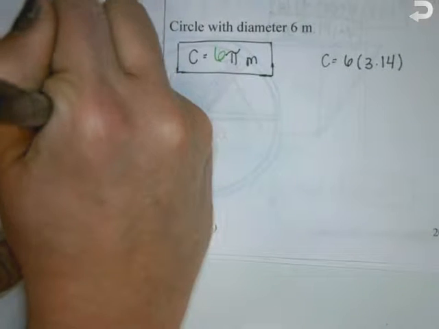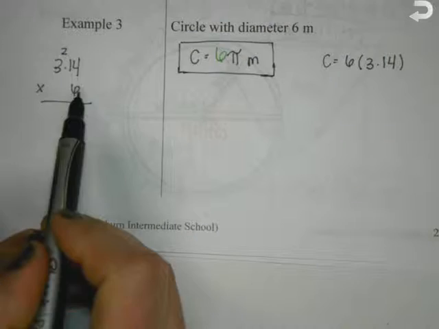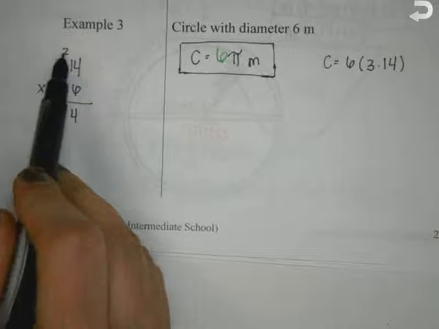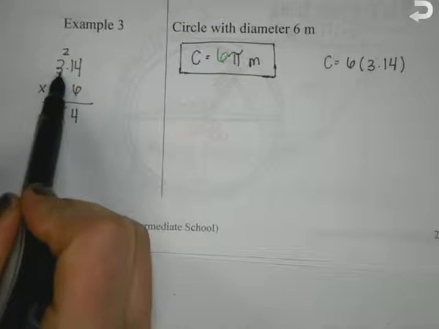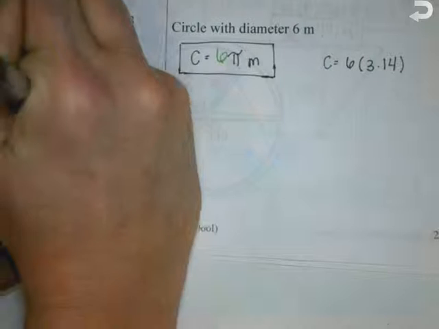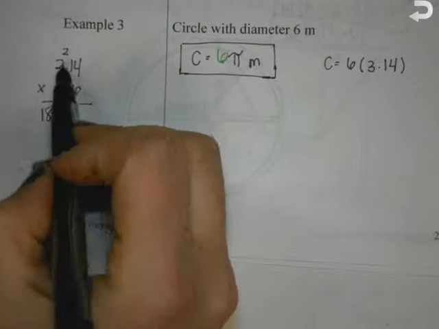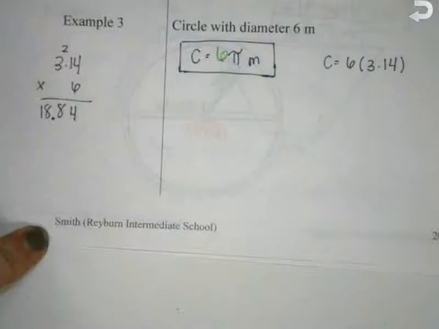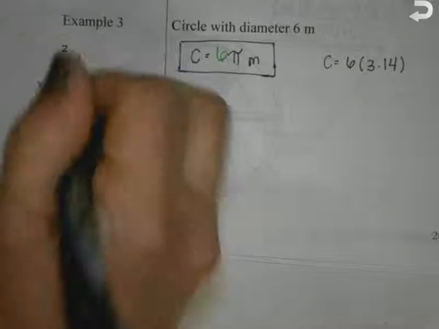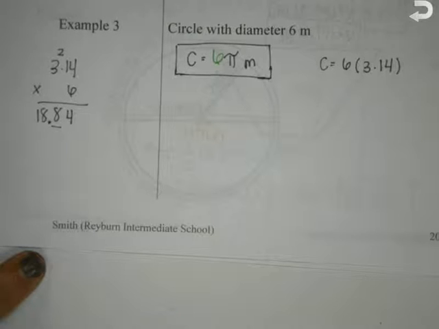So I'm going to look at that 8. Am I rounding up or down? Down, because we have to look at the number to the right of it, correct? And that's a 4, which is less than 5, so it rounds down. So circumference equals 18.8 meters. So those are your 2 answers.